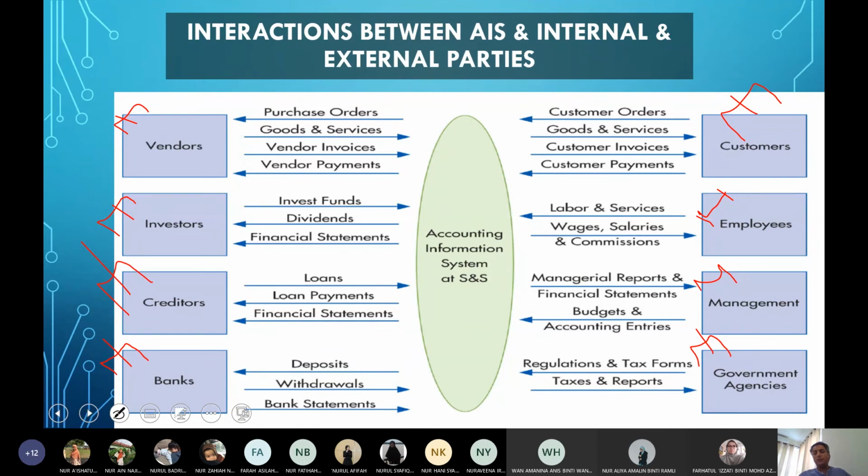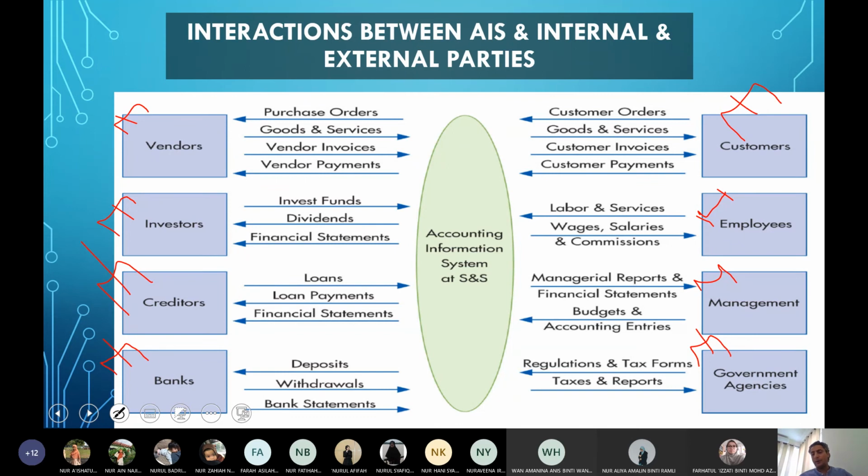The accounting information system will send the availability information, about the quantity and quality, to the customer. Then we also send the invoice to the customer carrying the amount.